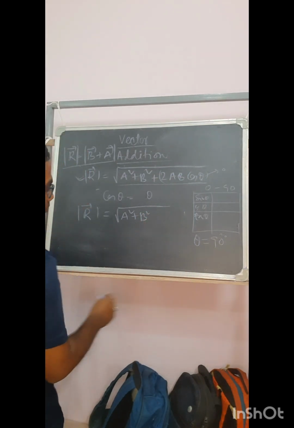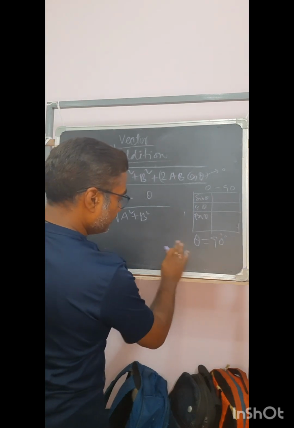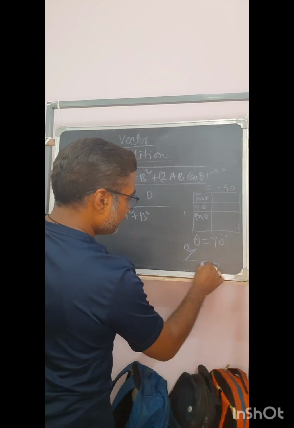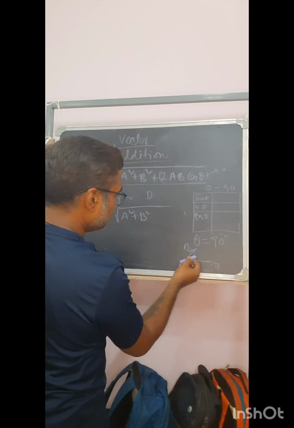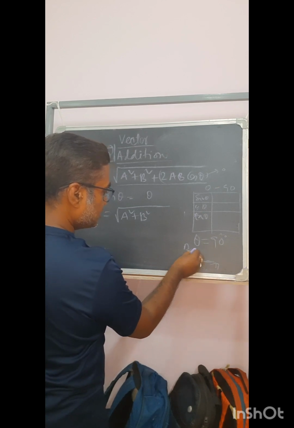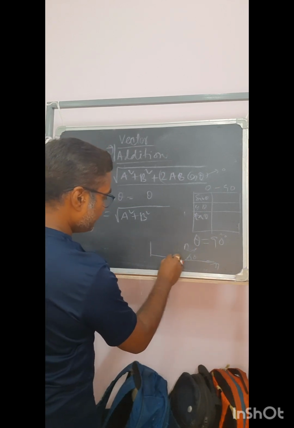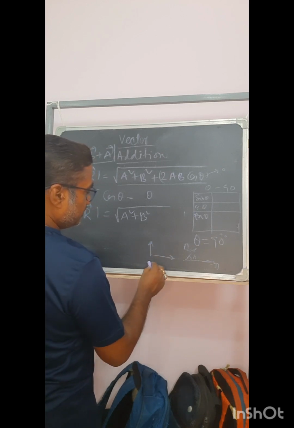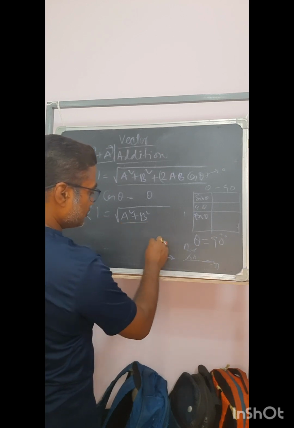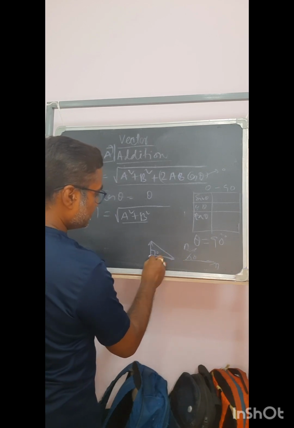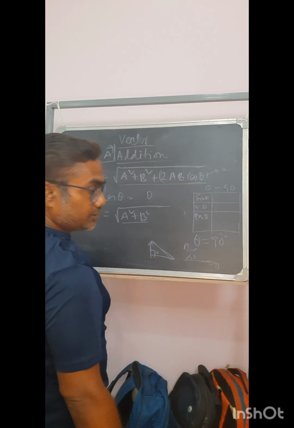Now two vectors, let's say I am taking the same example a and b, where this is theta. So theta is equal to 90, that means this is vertical. So these vectors become perpendicular to each other. We know that for perpendicular vectors, the result is, because this is 90 degree, a square plus b square is equal to the resultant square.